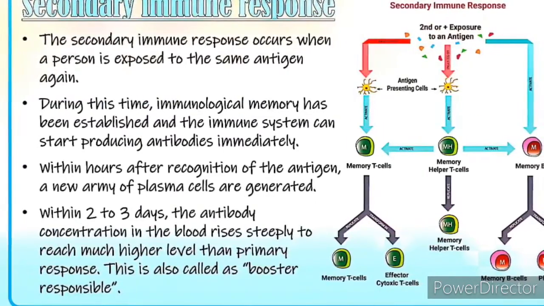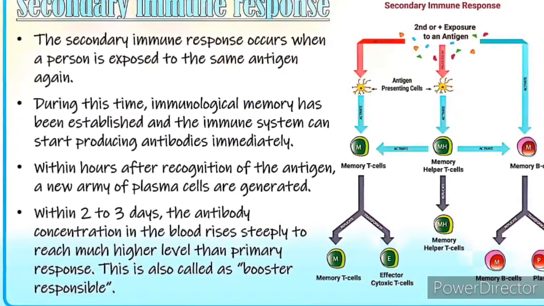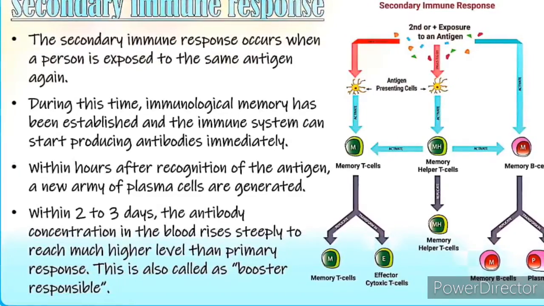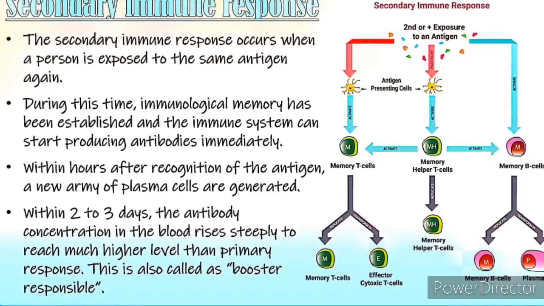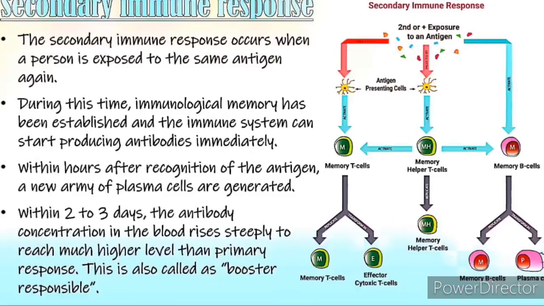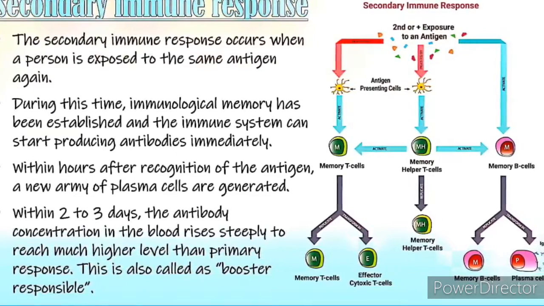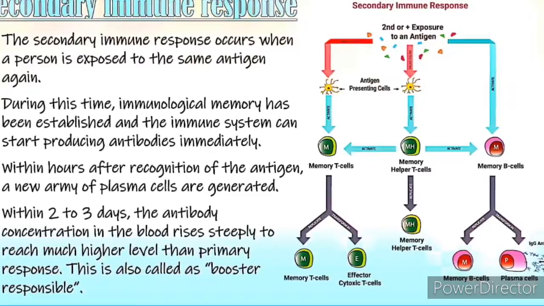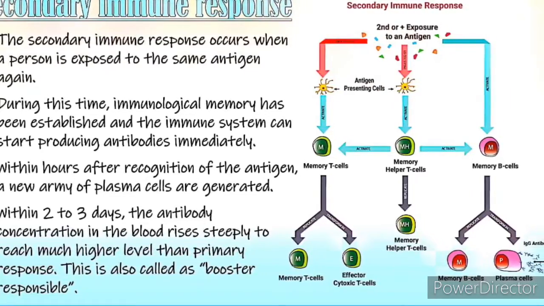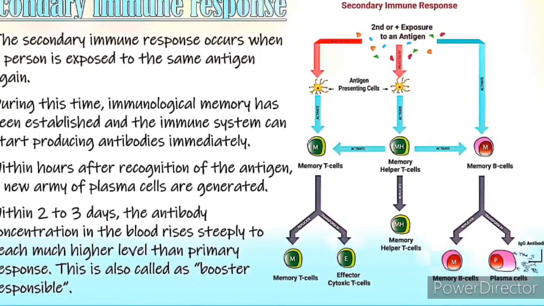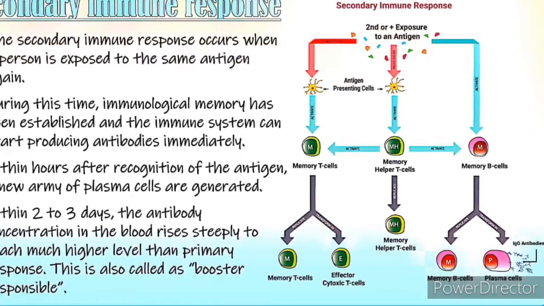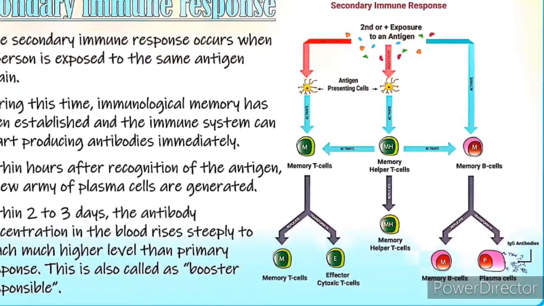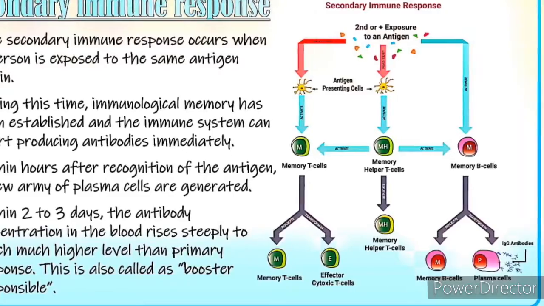But secondary immune response occurs when a person is exposed to the same antigen again. For example, if we are infected by smallpox again, during this time immunological memory has been established, and the immune system can start producing antibodies immediately. Within hours after recognition of the antigen, a new army of plasma cells is generated.